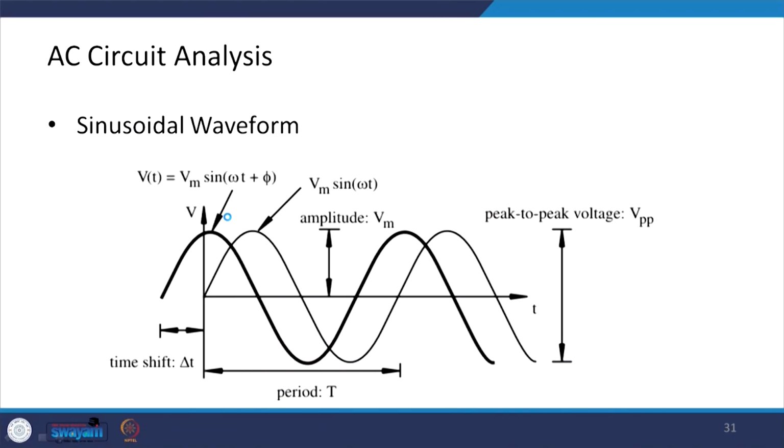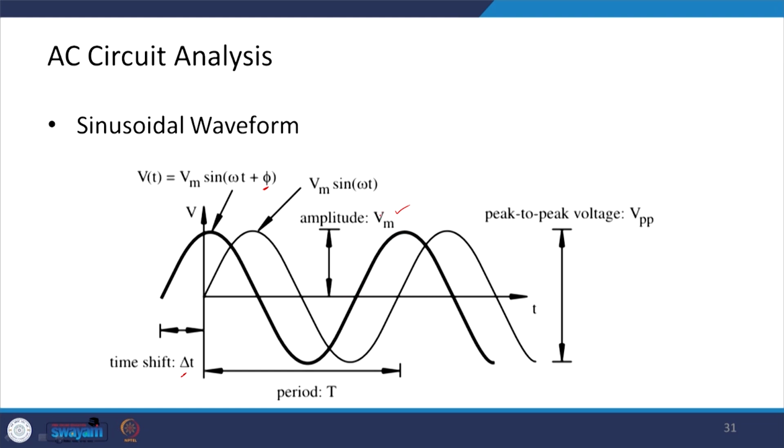Next, I will just talk a little about sinusoidal AC circuit analysis, and for this I will just talk about the sinusoidal waveform here. Say there are two signals and they are related by some phase shift, say a time shift delta t and a phase angle phi. The peak is defined from the horizontal axis to the maximum value.